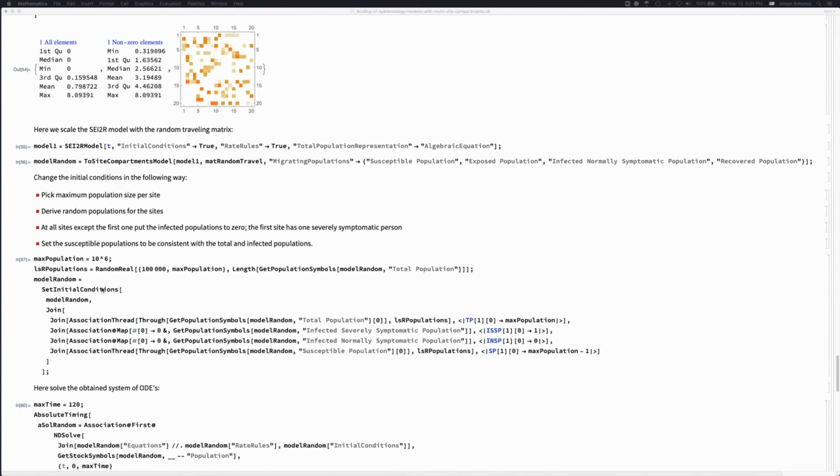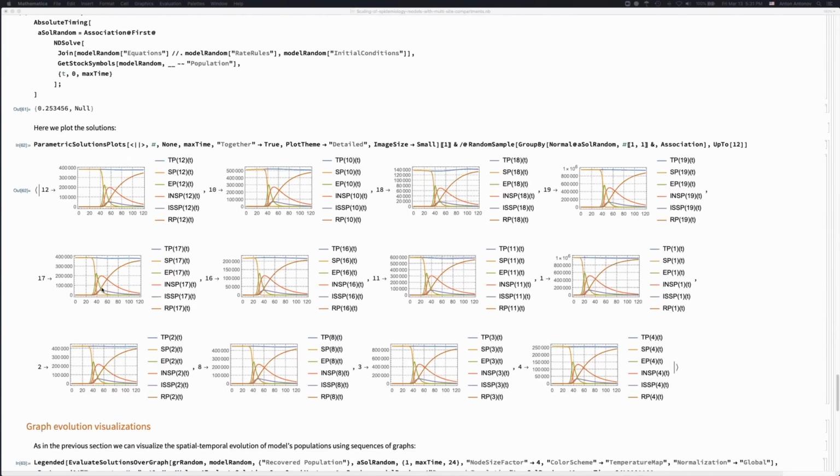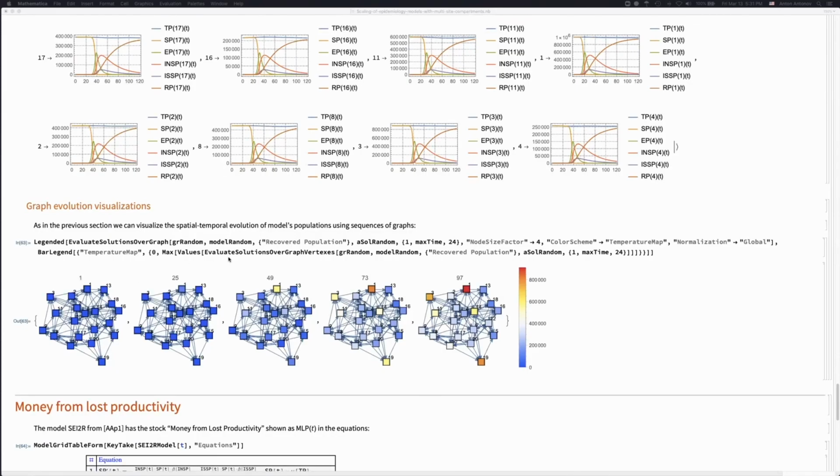If we see that the system is working and producing results which make sense, then we're saying, okay, we are prepared to do this in a real situation.